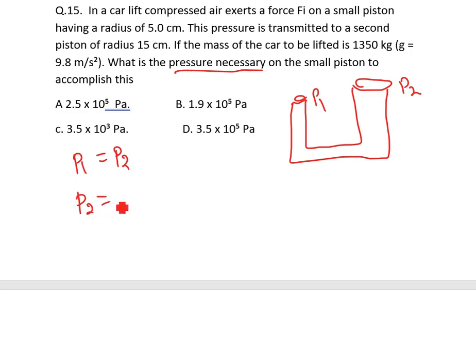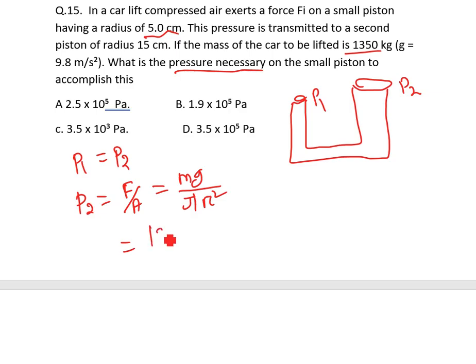So P2 equals force by area. The force is mg, gravitational force, and the area is pi r square, since it is circular, with radius 5 centimeter. Mass is given as 1350 kg.